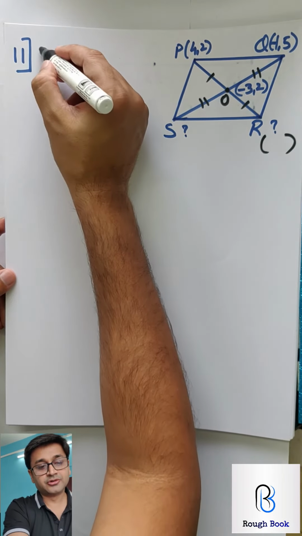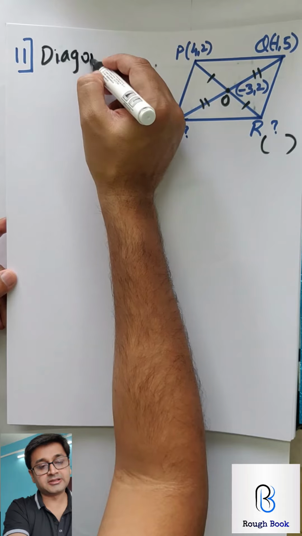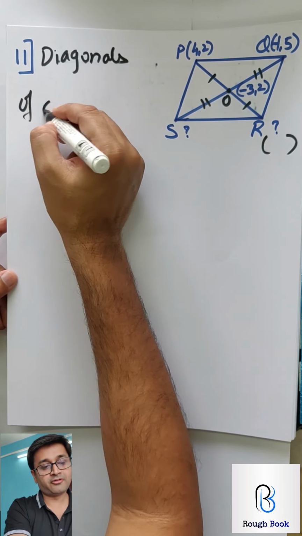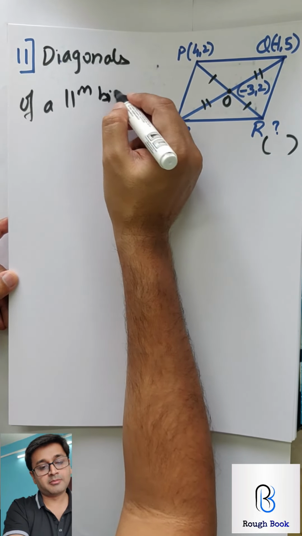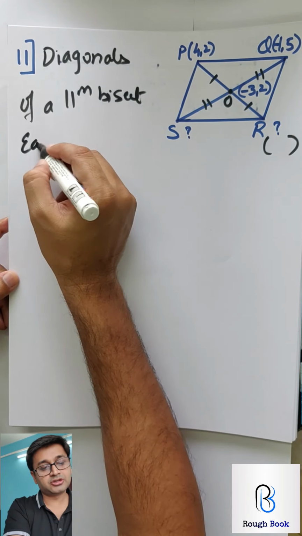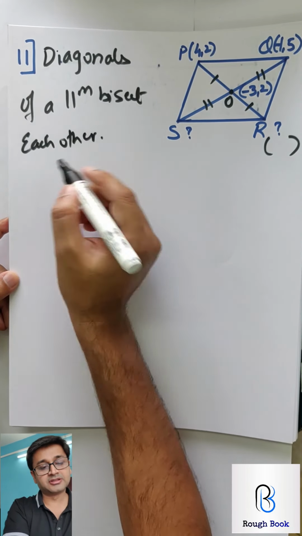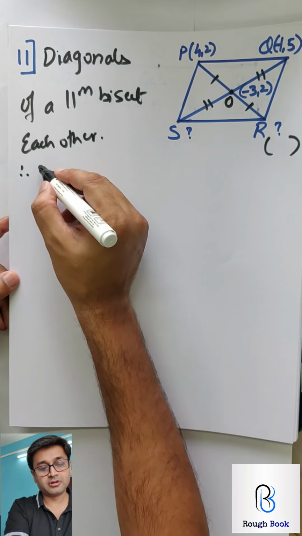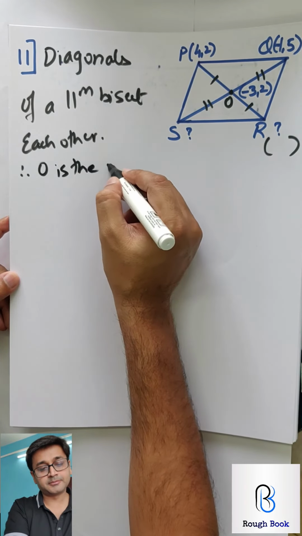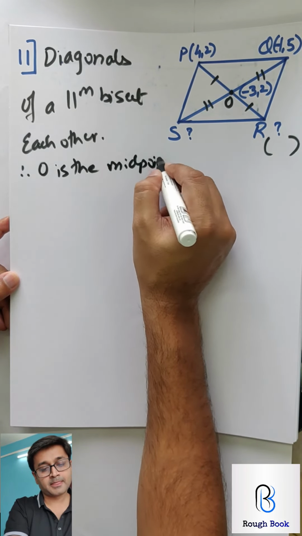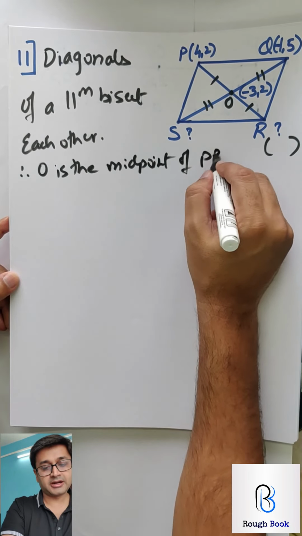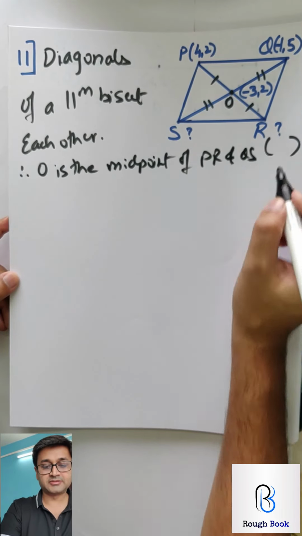Yes, you can. So you first should mention diagonals of a parallelogram bisect each other. And now since the diagonals bisect, therefore O is the midpoint of PR and QS both.